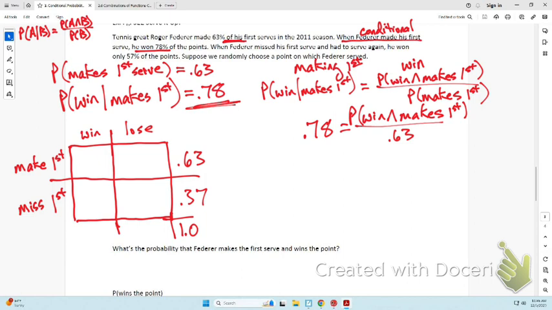And if you still don't see what to do, maybe instead of that probability up top, write an X and just go back to algebra class. I'm solving for X. So let's multiply 0.63 on both sides. And I know win and makes first equals 0.63 times 0.78, which is 0.4914.